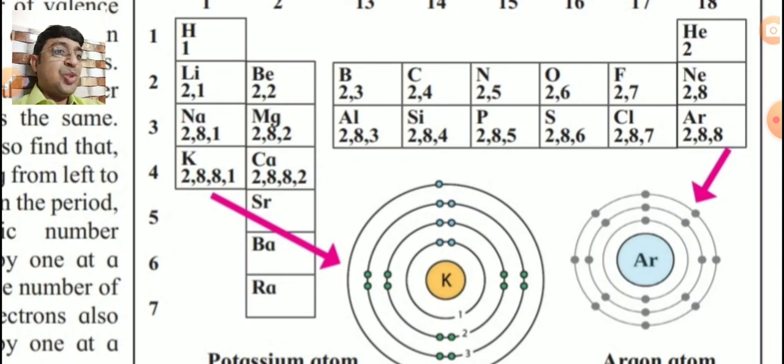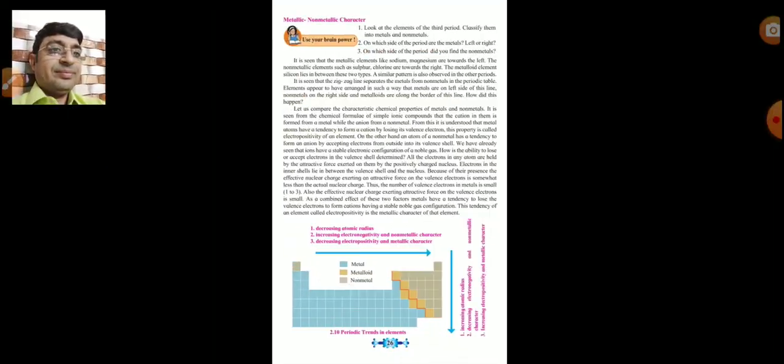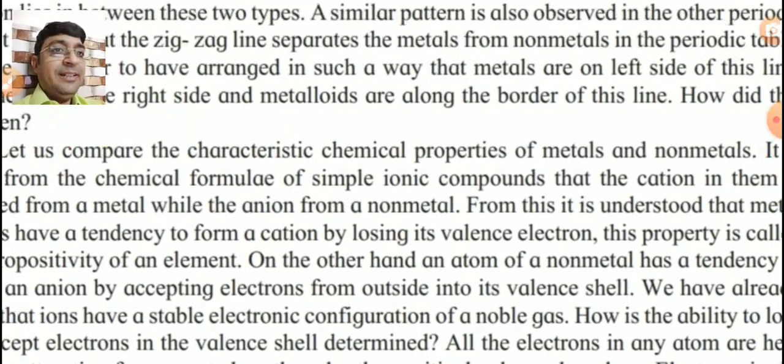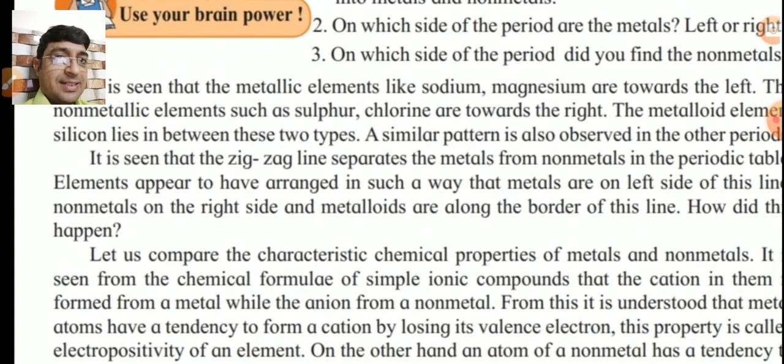So phosphorus 285, 5 valence electrons, sulfur 6 valence electrons, chlorine 7 valence electrons and argon 8. So after silicon, phosphorus, sulfur, chlorine and argon are all non-metals. On the left hand side of silicon, sodium, magnesium and aluminium are all metals, and silicon is in the middle. All are getting? Okay, continue the next.